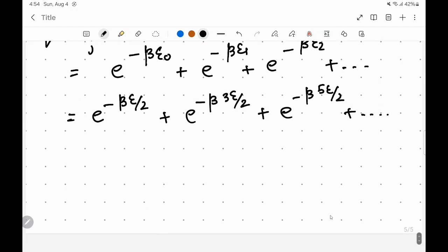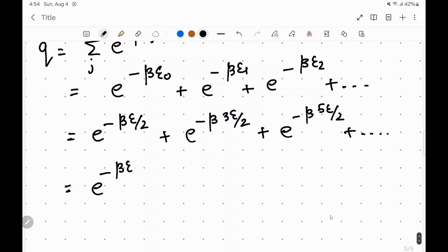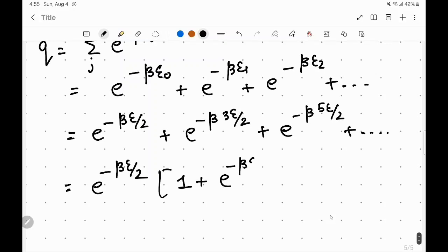So now how can you do it? Just take common e to the power minus beta epsilon by 2. The rest is the same as the previous one: e to the minus beta epsilon, e to the minus 2 beta epsilon, and so on.